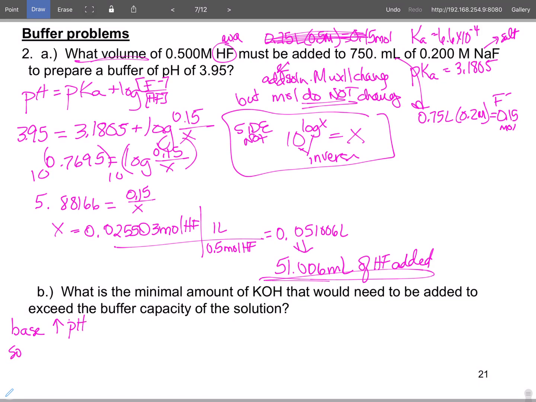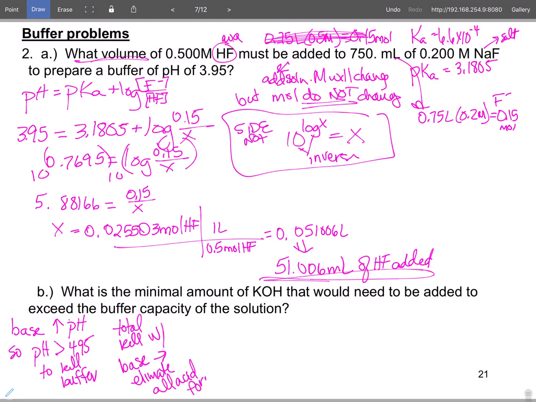So you would need a pH greater than 4.95 to kill the buffer. So you could do that. The easier thing is just totally kill it. So to totally kill it with a base, you eliminate all the acid form.